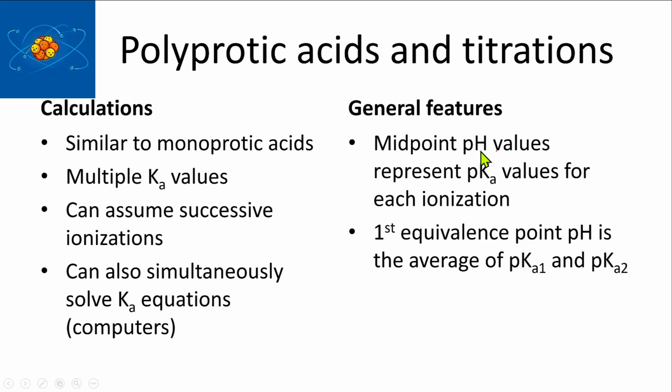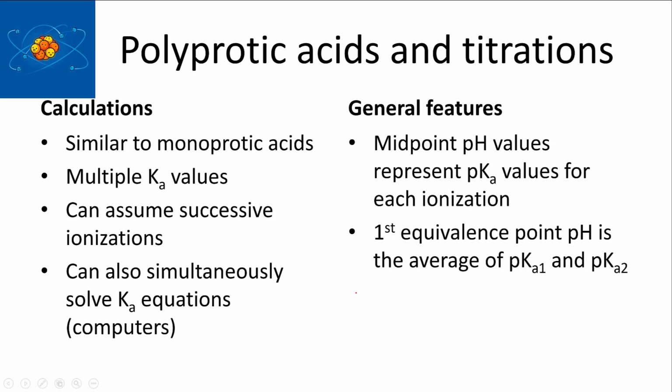The midpoint pH values are the same as the pKa's, just like they were for monoprotic. And then the first equivalence point pH is the average of pKa1 and pKa2. You can simultaneously solve the equations using the computer, but we typically assume successive ionizations, just like when we did the calculations for polyprotic acids in the earlier chapter.